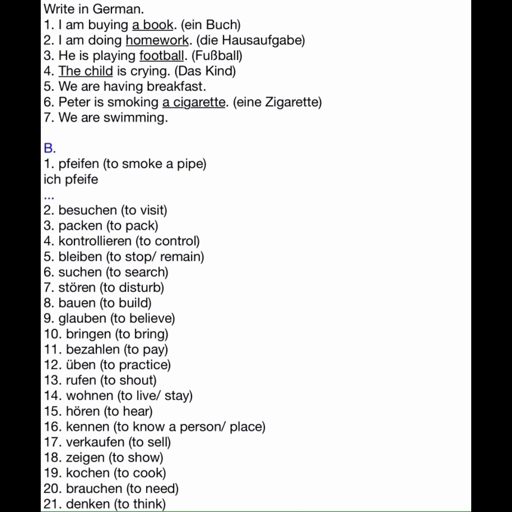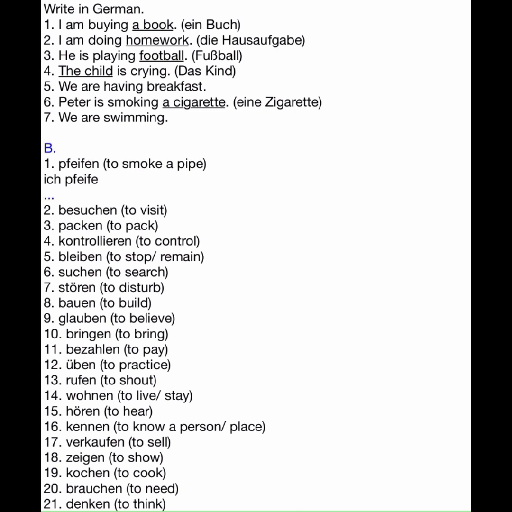Then I have bringen, bezahlen, üben, rufen, wohnen, hören, kennen. Please don't confuse kennen with the other one, which is wissen. Kennen specifically means to know a person or a place.